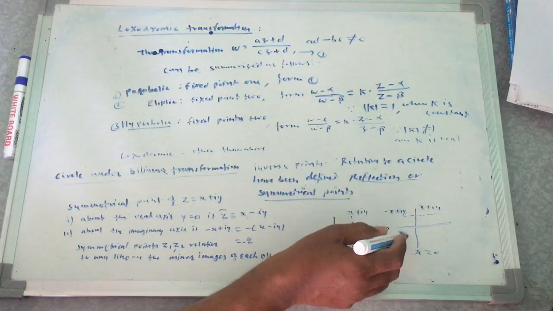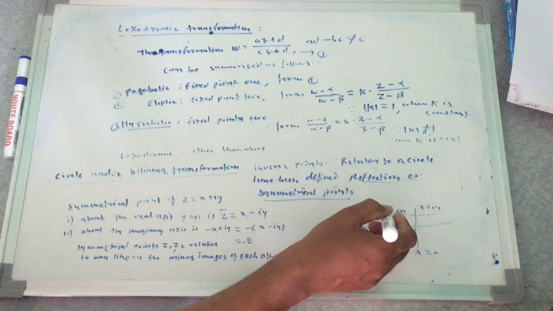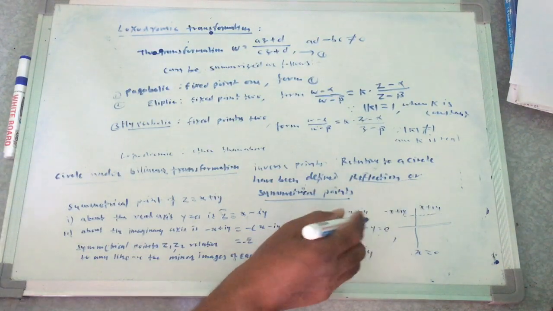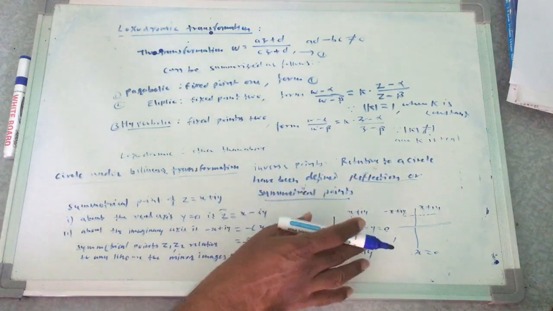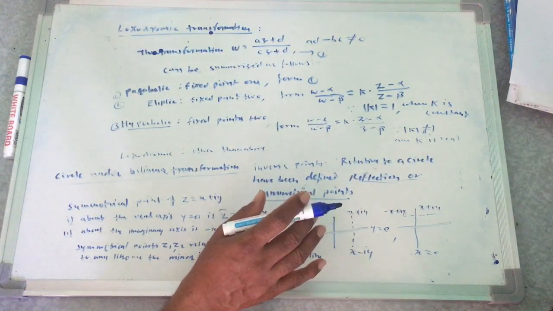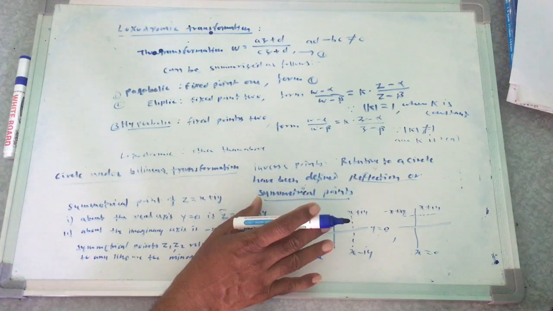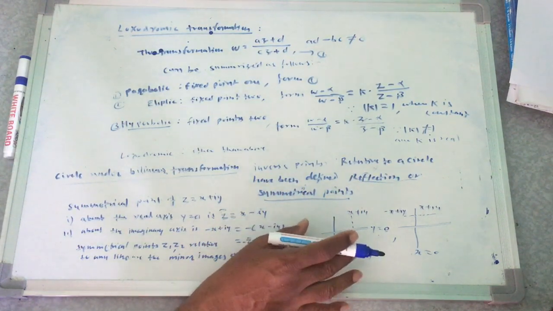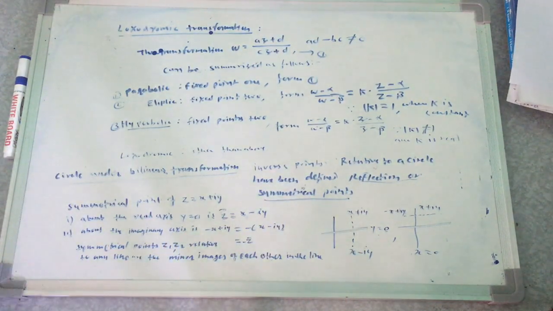Then x plus iy is in the first quadrant, and minus x plus iy is in the second quadrant. In this way we have the two figures, and these are the reflection or symmetrical points. So this is the loxodromic transformation.